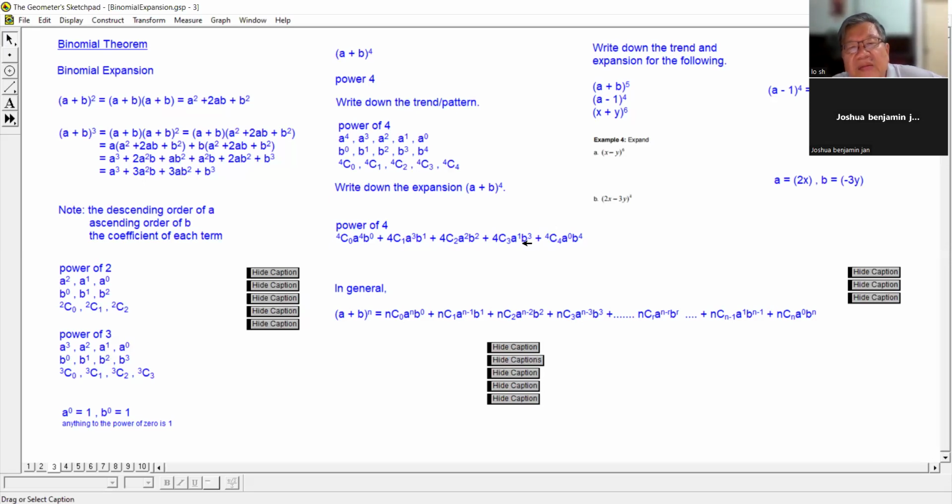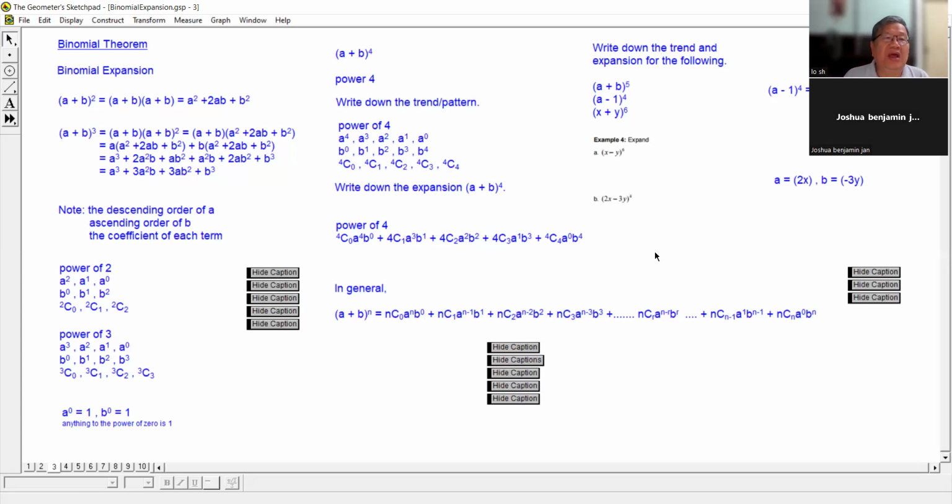Power of A plus the power of B, how much is it? 4, correct. And the last one, power of A is 0, power of B is 4. What is the sum of these two numbers? Also 4. So we see that for every term in the expansion, the sum is 4.